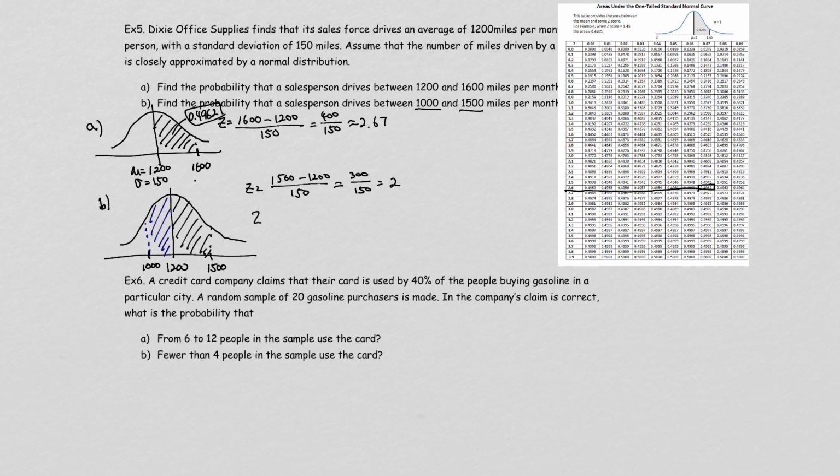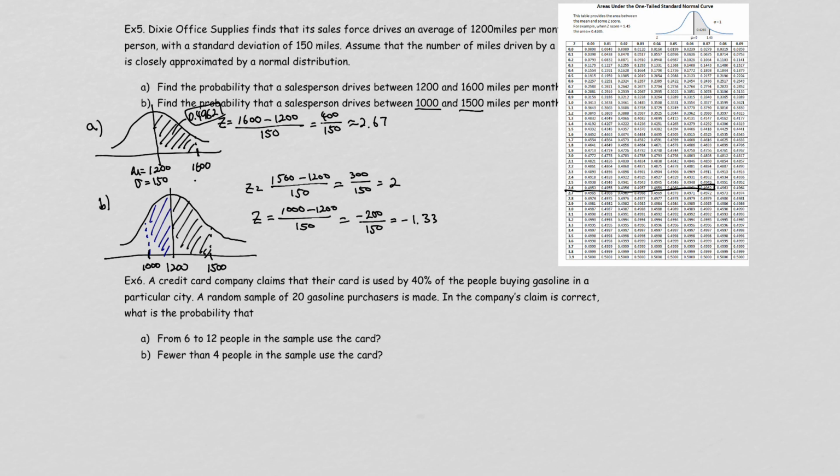And the z-score for 1,000: 1,000 minus 1,200, divided by 150, is negative 200 divided by 150, which equals negative 1.33 repeating. But remember, the negative value will give you the same area as the positive value.